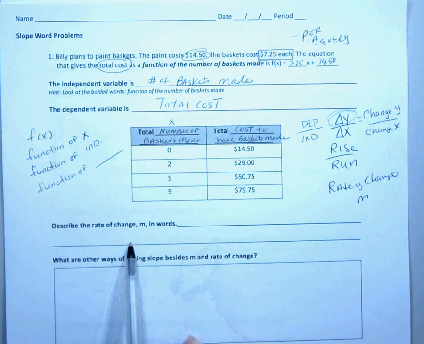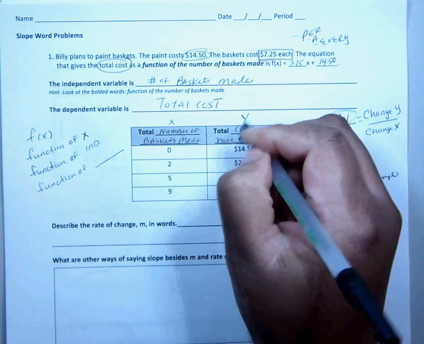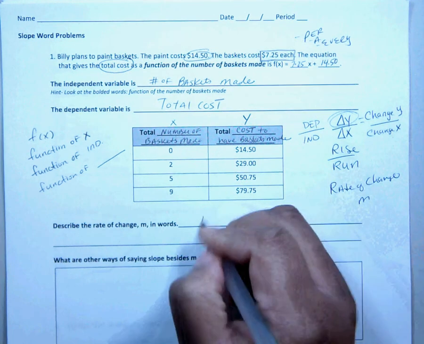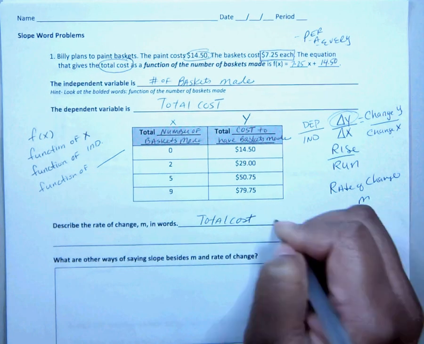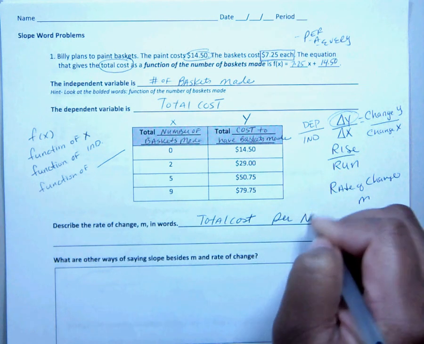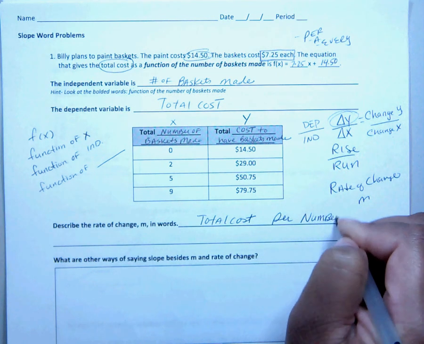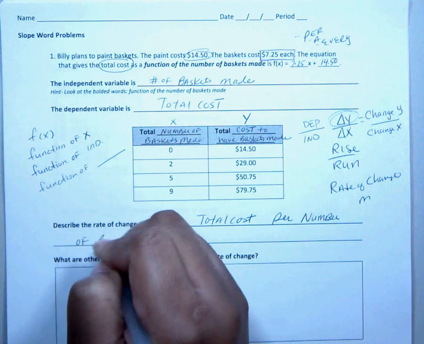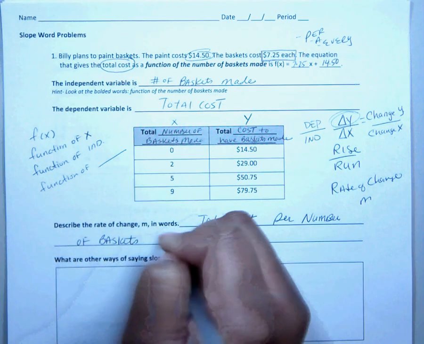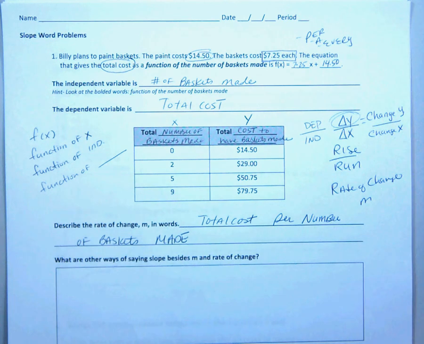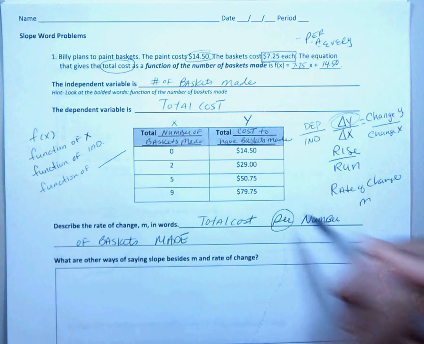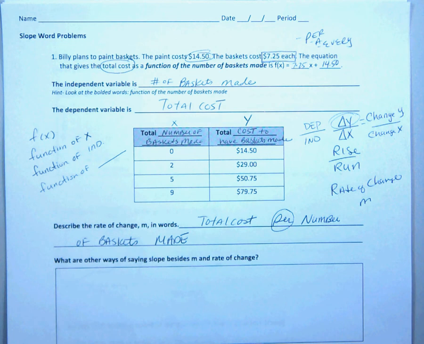So the answer to this question is take the y, and it is the total cost per number of baskets made. So there's a very thin line here. We're seeing the word per again, but it's being used differently.